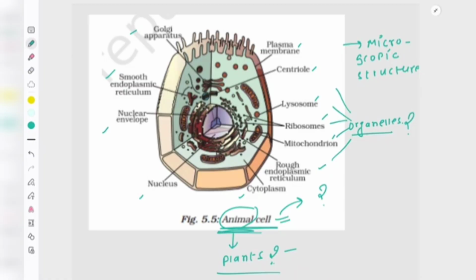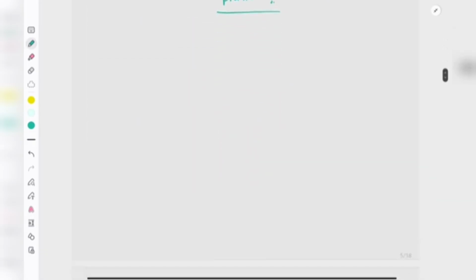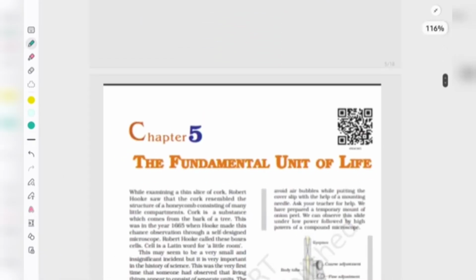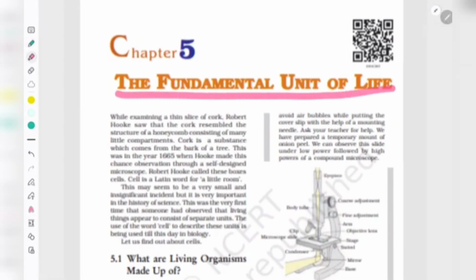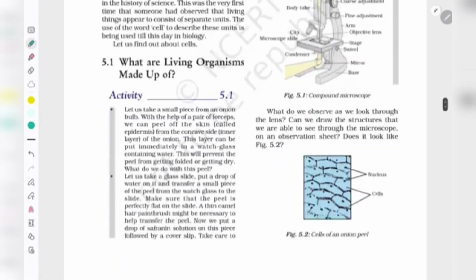Now let's come to the next question. What is the name of your chapter? That is, the fundamental unit of life. Now you can ask me why it is called the fundamental unit. What is the meaning of the word fundamental here? I have actually written this question on a different page.